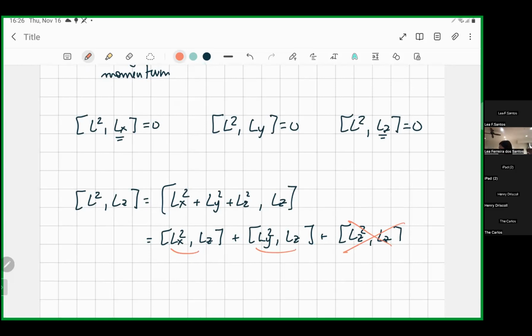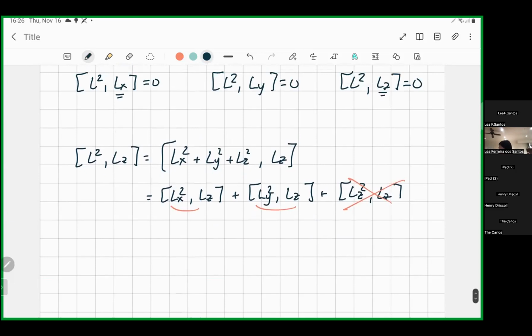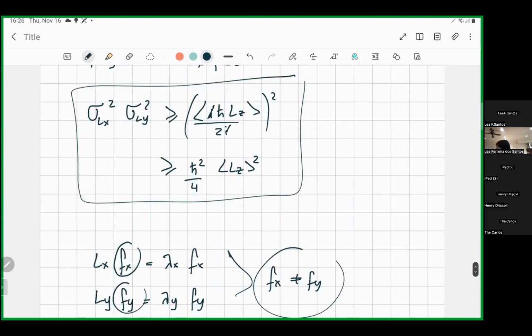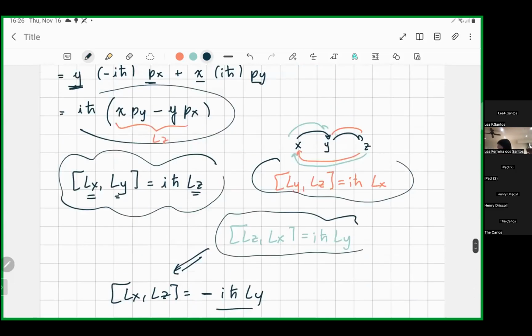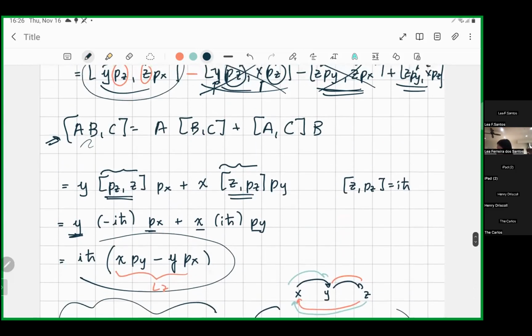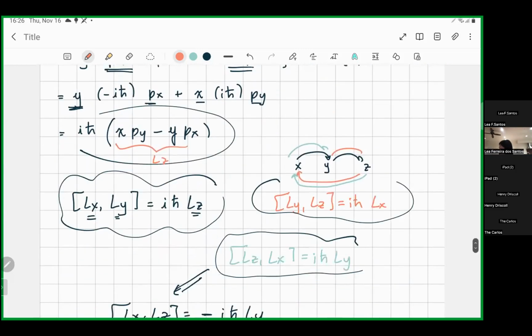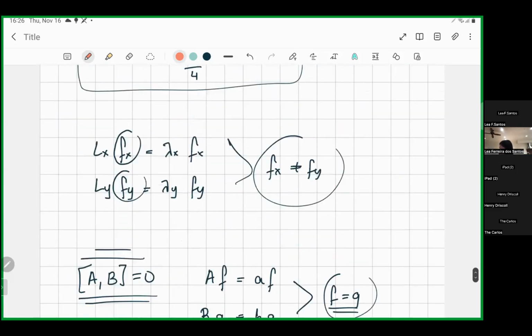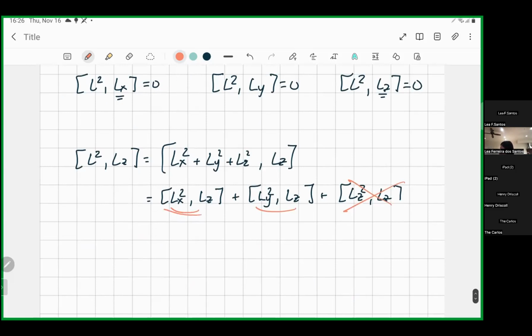So remember the property that I mentioned to you here. Let's see where it was, so long ago. Here, yeah. This is a relationship that you worked in one of the problems from chapter 3. And I'm going to use this now. So what do we have when I'm writing the commutator of Lx square with Lz? This is equivalent to Lx Lx, Lz.